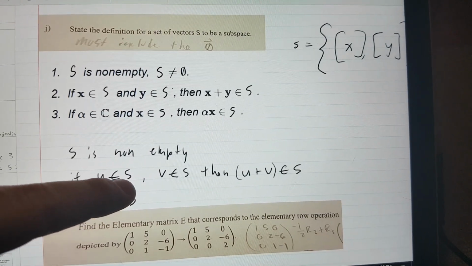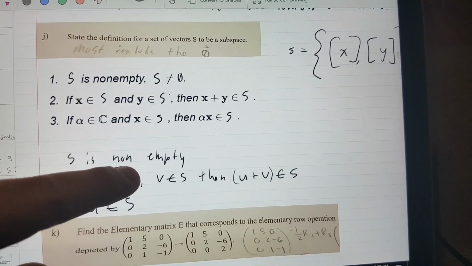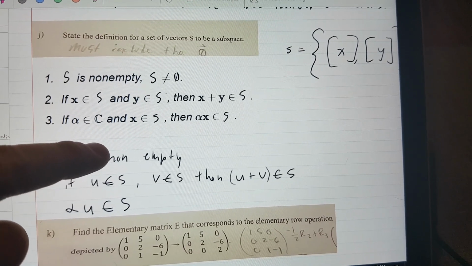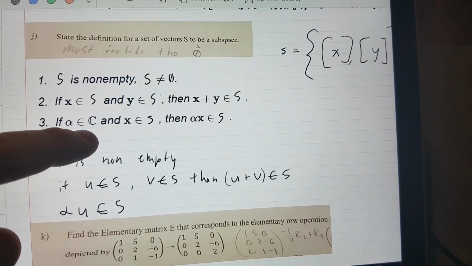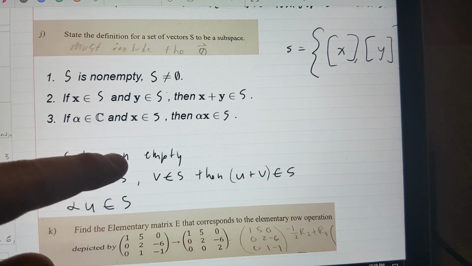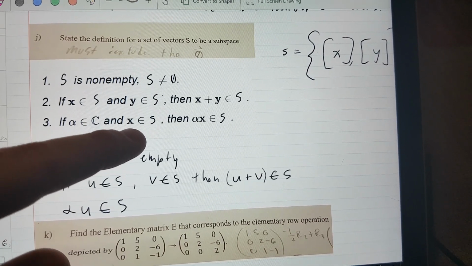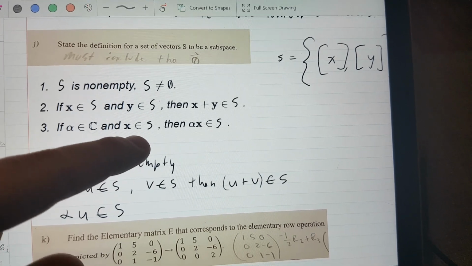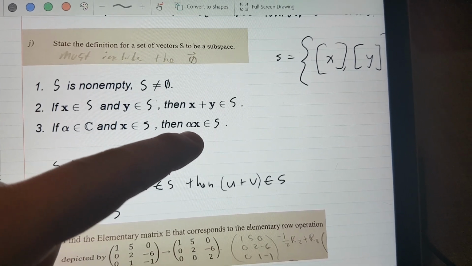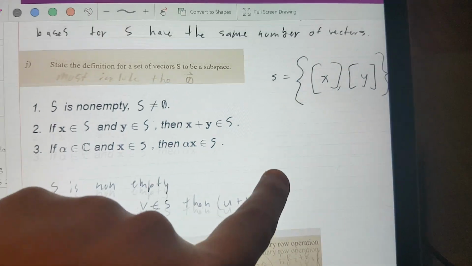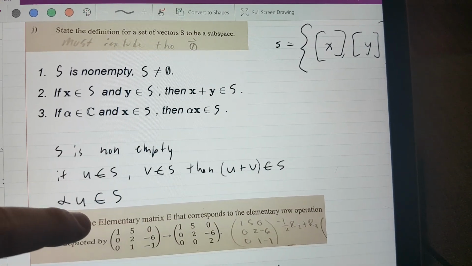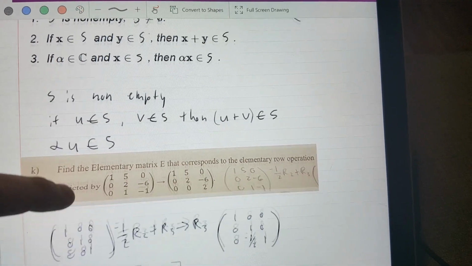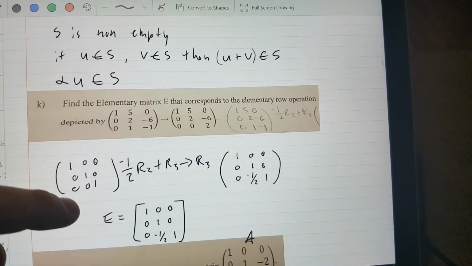And if alpha is a scalar, basically complex numbers and lower, so you're not talking about quaternions and such, just complex numbers and real numbers, and x is in S, then if you take a scalar and multiply it by x, that is also found in the subspace. S is non-empty, etc. This is just me putting it in my own words.